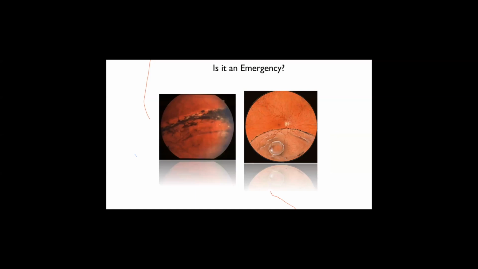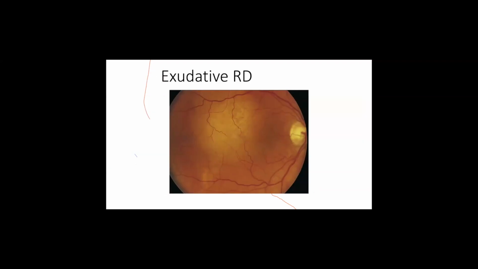The other thing to work out is what are the other features? Is this a chronic retinal detachment with a demarcation line and intraretinal cyst or not? Something like this, it's been long-standing. You might not need to intervene as quickly as with a fresh macula on retinal detachment. The other thing then to work out is whether it's an exudative retinal detachment.